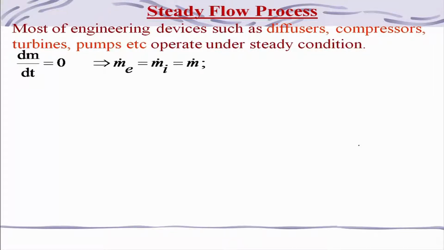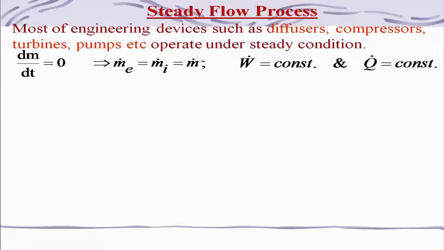So for that, we will say that dm/dt is equal to 0. Steady state means there will not be any accumulation of mass; it will be coming in and going out. So the mass flow rate at the exit is equal to the mass flow rate at the inlet, whatever is entering is going out, and this is equal to m dot.